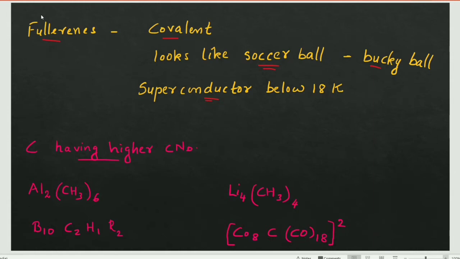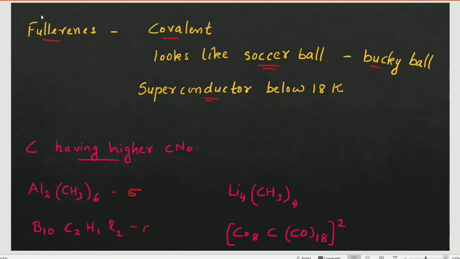And another point is carbon having higher coordination number. Usually we see carbon having valency 4. So these are some compounds which have higher coordination number for carbon. The first one is Al2(CH3)6. Here the coordination number of carbon is 5. The next one is B10C2H10R2, where R can be any alkyl group, and the coordination number is 6 here.